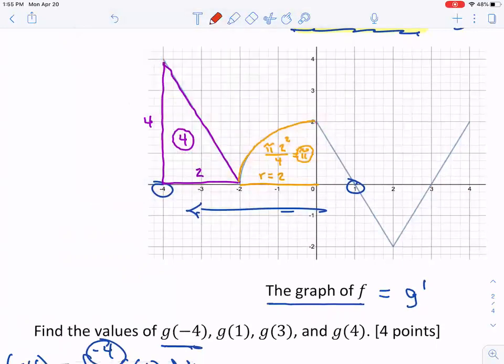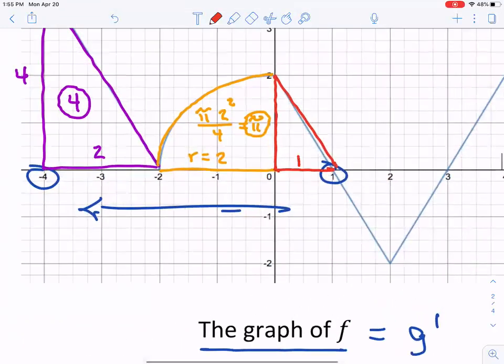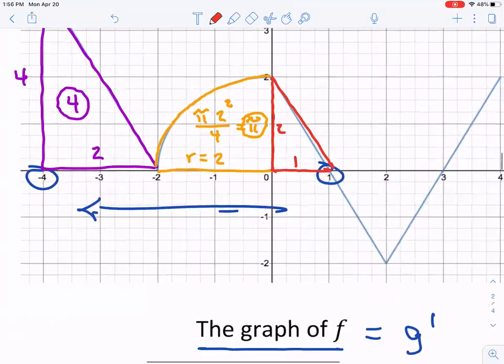And move over, I've got a smaller triangle here. That looks like that is 1 unit by 2 units. 1/2 the base times the height is going to be 1 square unit.